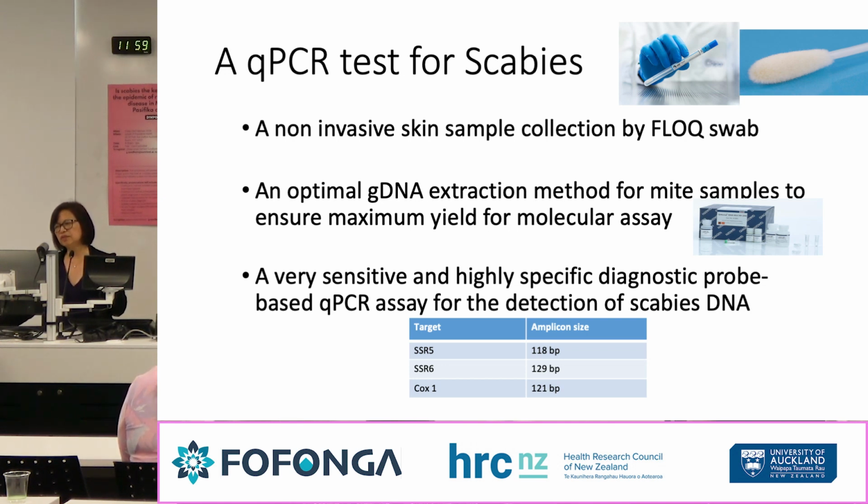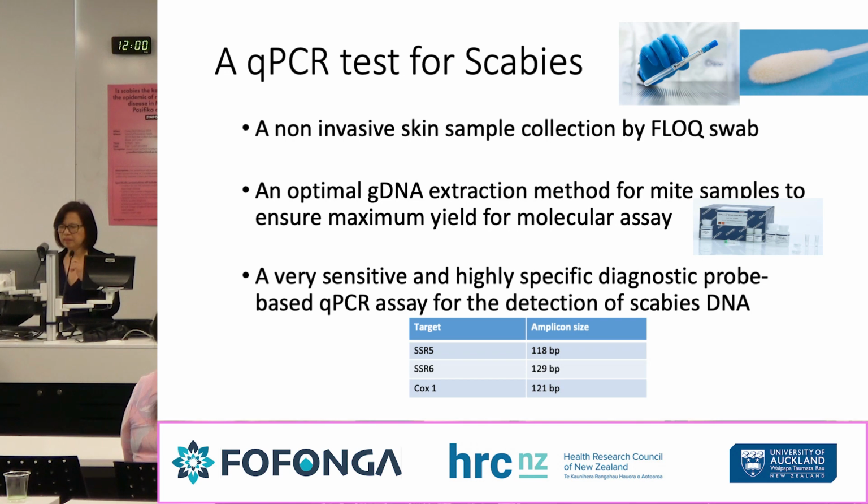And another part of our optimization is to come up with a very accurate and sensitive way of optimal genomic DNA extraction, because you have the swab there. So after all the different methods that we have tested, we came up with just using a commercially available kit. You can buy this from the suppliers, and we found out that this is really optimal for our purposes.